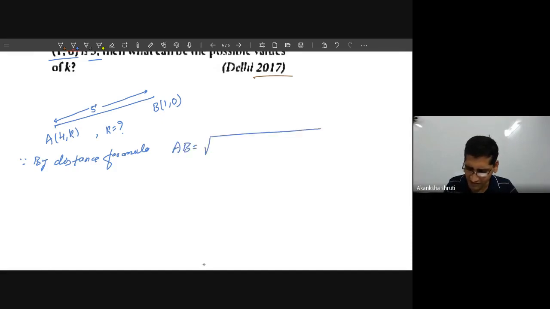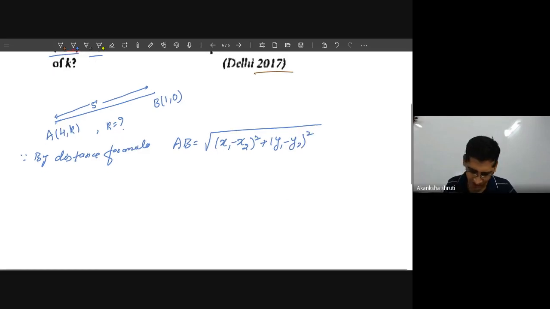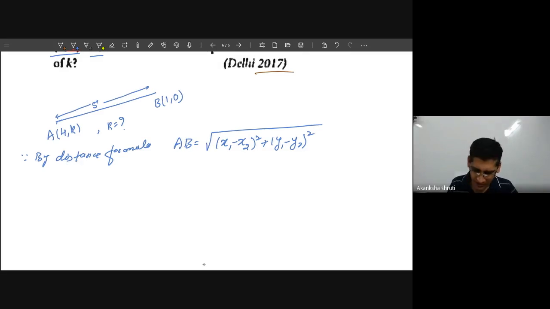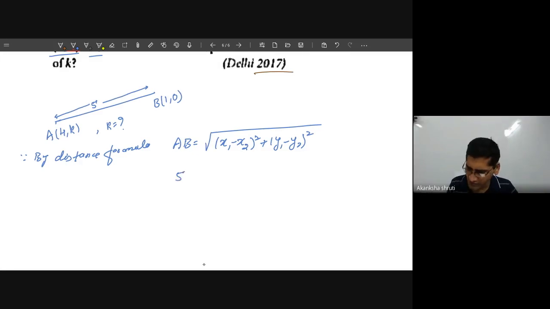So by the distance formula, this AB, write the formula as it is: square root of (x1 minus x2) squared plus (y1 minus y2) squared. Here this AB is already given to us, it is 5, so just substitute this 5.